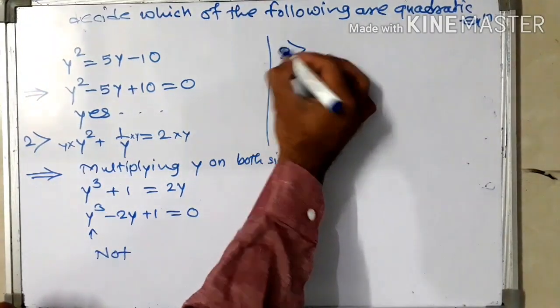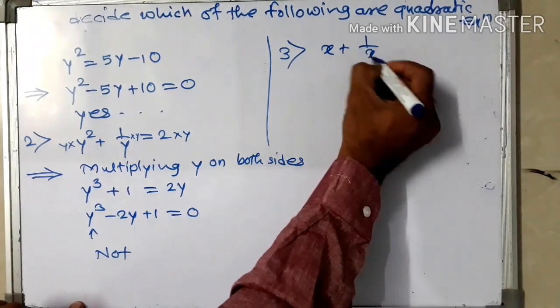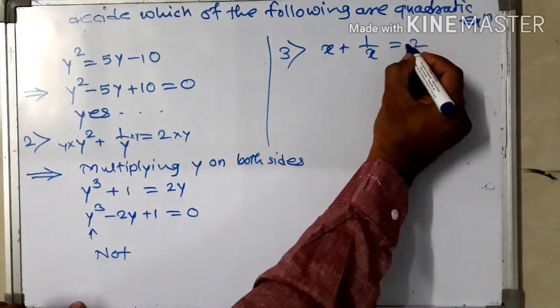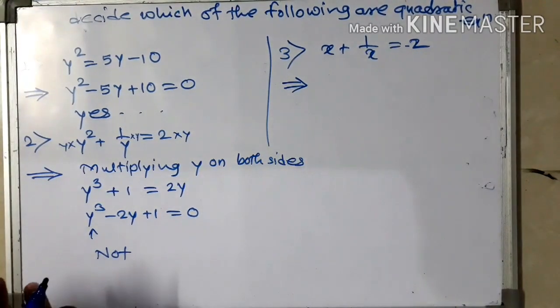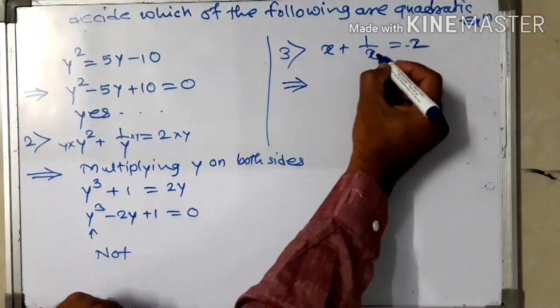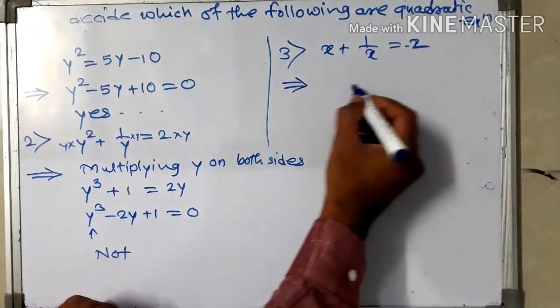Let us see the next example. x plus 1 upon x equals to minus 2. First, we should remove the variable which is in the denominator. We should multiply each and every term by x.